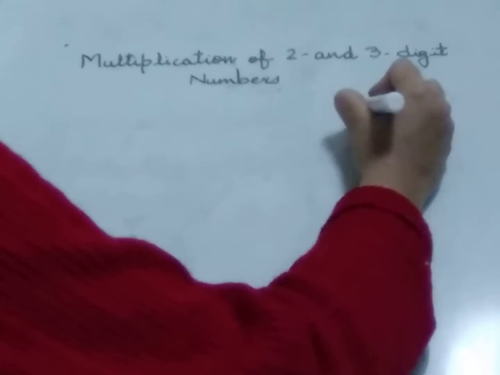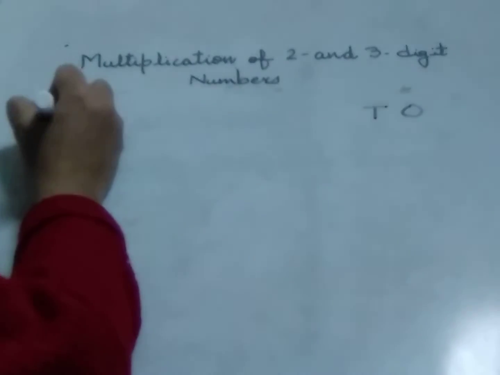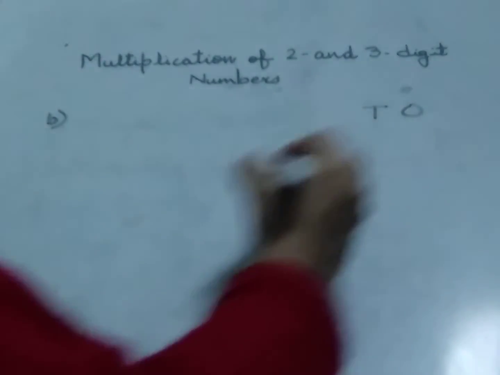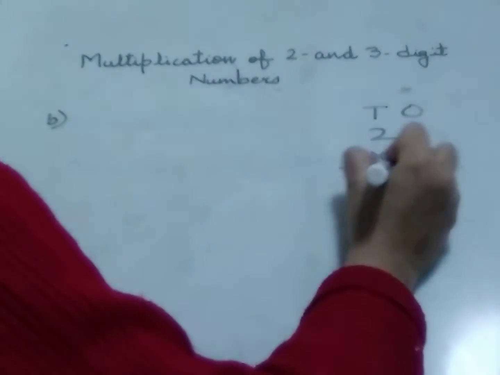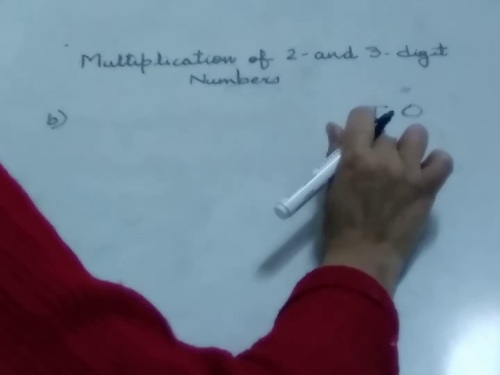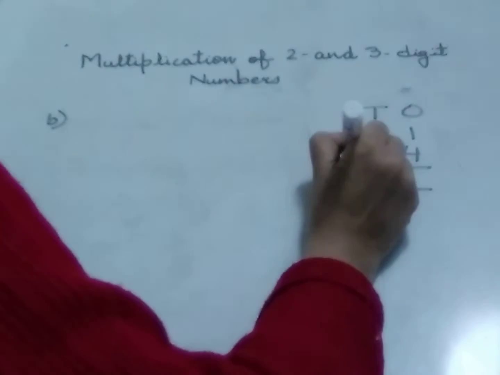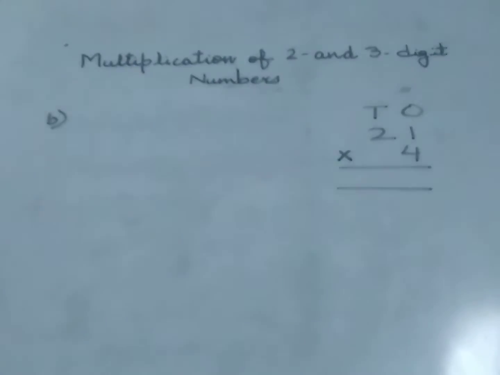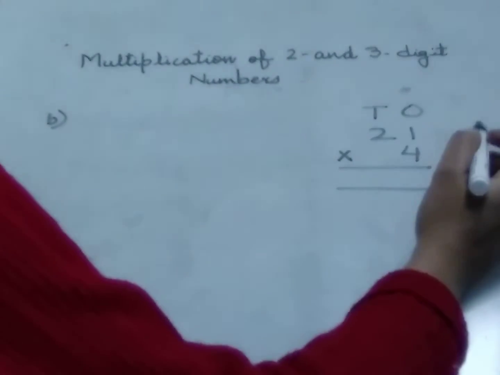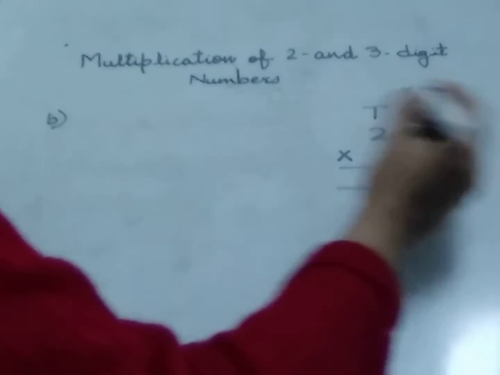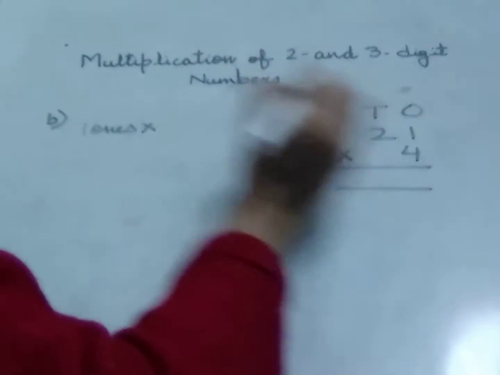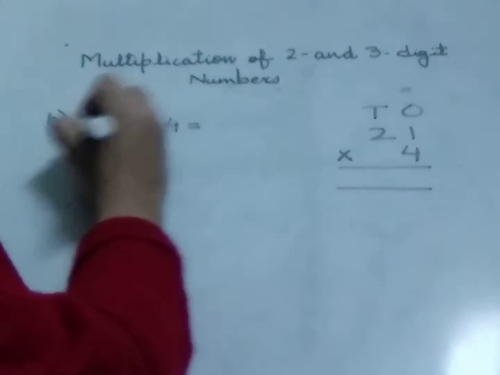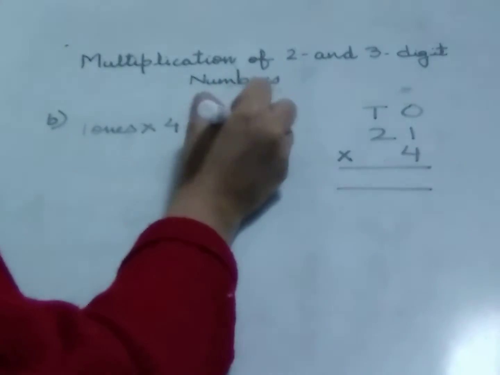Now next question is TO. This is your B part. TO 21 multiplied by 4. Write this sign of multiplication here, not under tens. Now first of all multiply the ones first. That means 1 ones multiplied by 4 gives us 4. 1 four is 4, 4 ones.